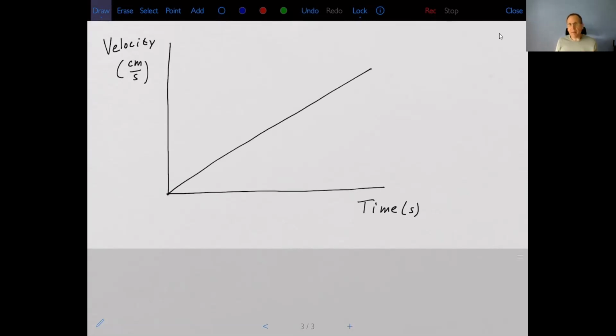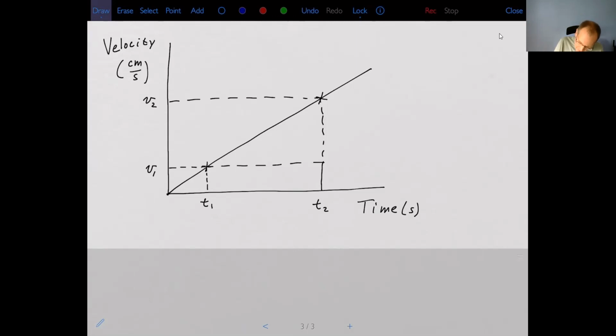Since it's linear, let's calculate the slope of this. I'll pick a point on the graph. This corresponds to T1, and let's say this is V1. And I'll pick a point over here, T2, which corresponds to V2. Then the slope is going to be rise over run.